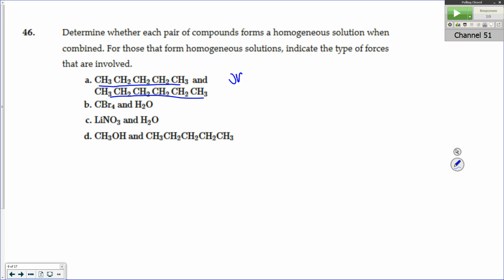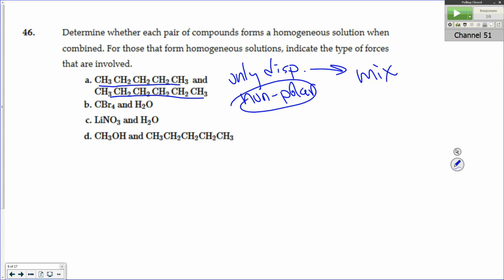So they're only dispersion forces. That means that they would mix. They're similar. They're both nonpolar. All right, and nonpolar and nonpolar would mix. So it would be a homogeneous solution from those forces that were involved.